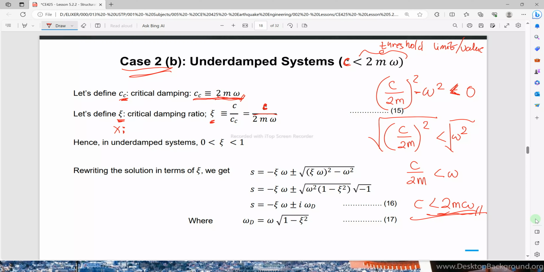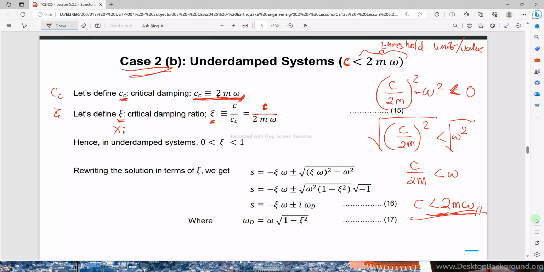So now again we have our c sub c and another notation. Here this is an underdamped system, because the damping coefficient is lesser than the critical damping at 2m omega. We call that the underdamped system.